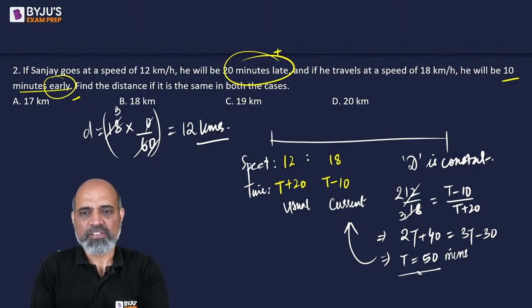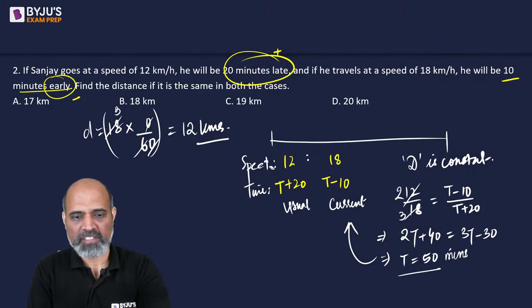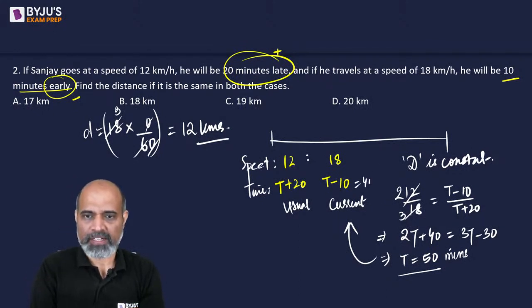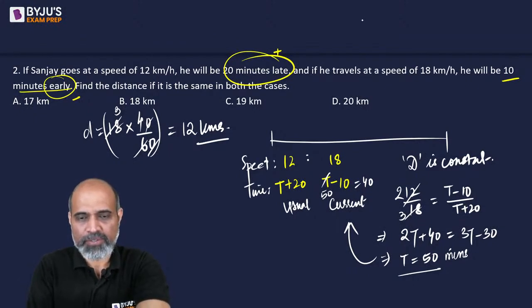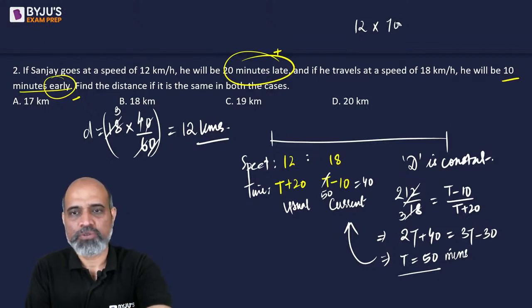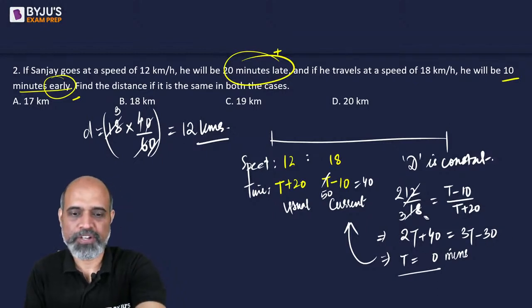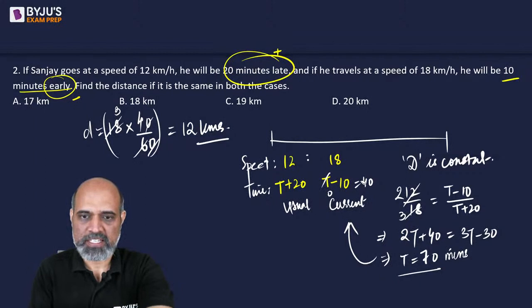T minus... Okay, t is 50, so t minus 10 will be 40 only, right? T is 50, so this is going to give us 40. Let me check one second. 12, 70, 60, 5. That's what I was thinking, what is the mistake here. This is going to be 70, no, how will it be 50? T is 70, so this is 70, so this is going to be 60.